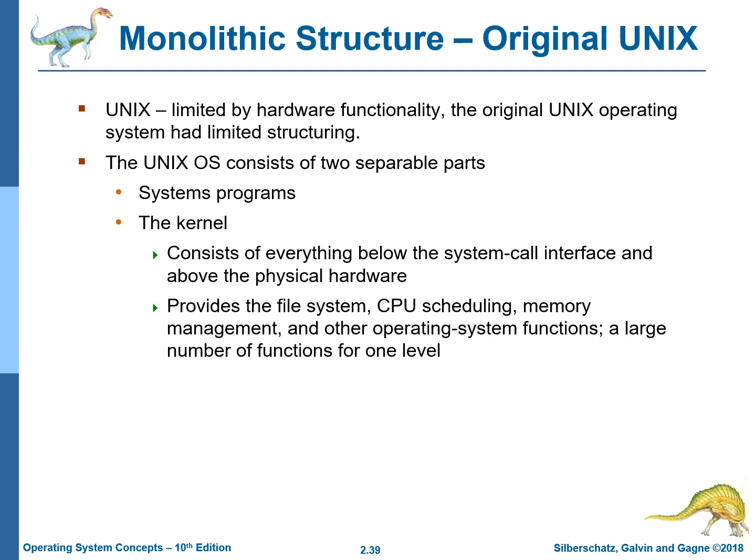The original Unix operating system had limited structuring. The Unix operating system consists of two separable parts, the system programs and the kernel, which consists of everything below the system call interface and above the physical hardware. And it provides the file system, CPU scheduling, memory management, and other operating system functions, which is a large number of functions for one level.